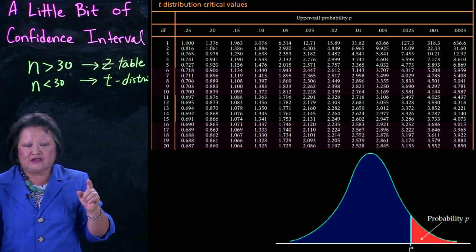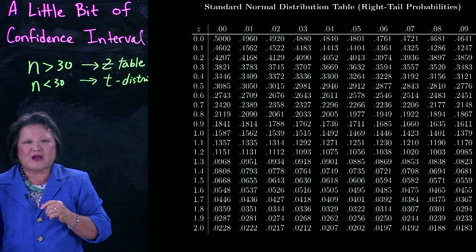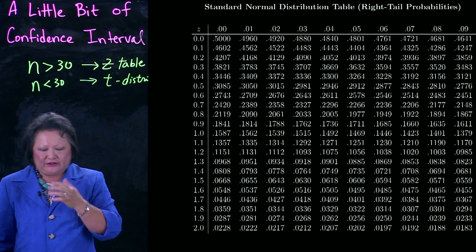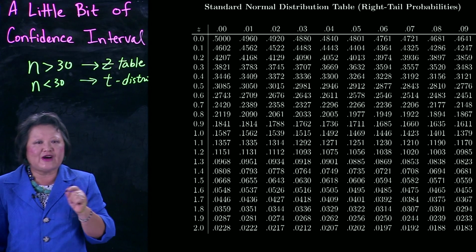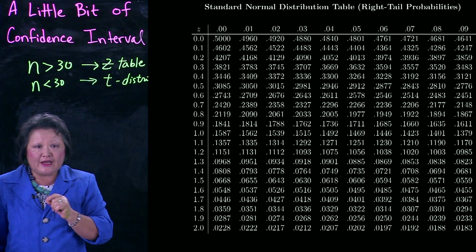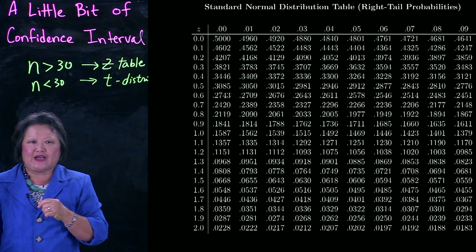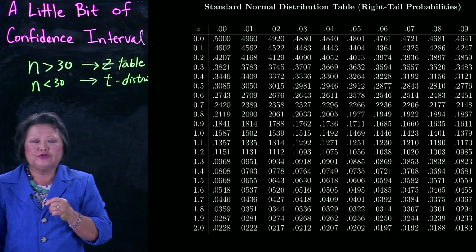Okay, now let's go to the z-table. In the z-table, you're dealing with a bigger population. You don't care what the sample size is. You do care, for instance, about the z-value that leaves 2.5% to the right. So what you want to do is, in the actual body of the table is the actual value, so you look for 0.025.